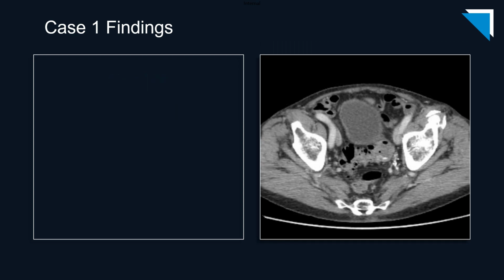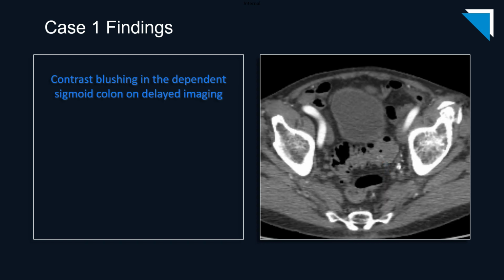Returning now to one of our delayed axial images, we can see a faint focus of contrast blushing in the dependent portion of the sigmoid colon. It's crucial that we return to the arterial phase and non-contrast images to scrutinize that area and confirm true GI bleeding.